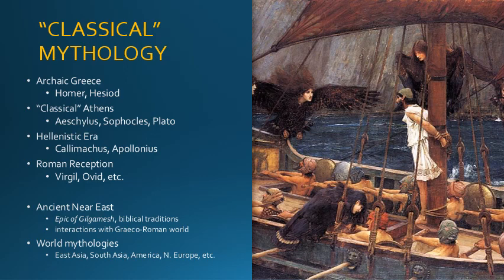Particular episodes in the epic cycle about the Trojan War were written down, which provide us with the Iliad and the Odyssey. We also have Hesiod. We'll be talking more about him in the coming lectures. He is also important from a mythological perspective because he provides us with testimony to some of the origin stories that kind of laid the groundwork for the Greek mythological tradition.